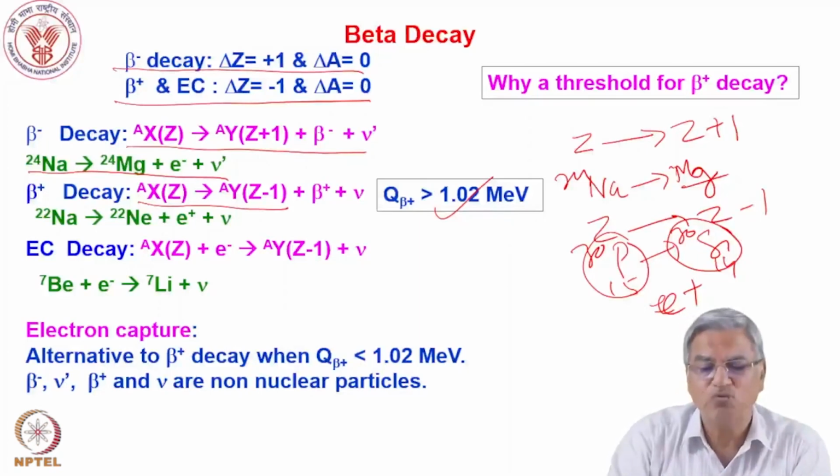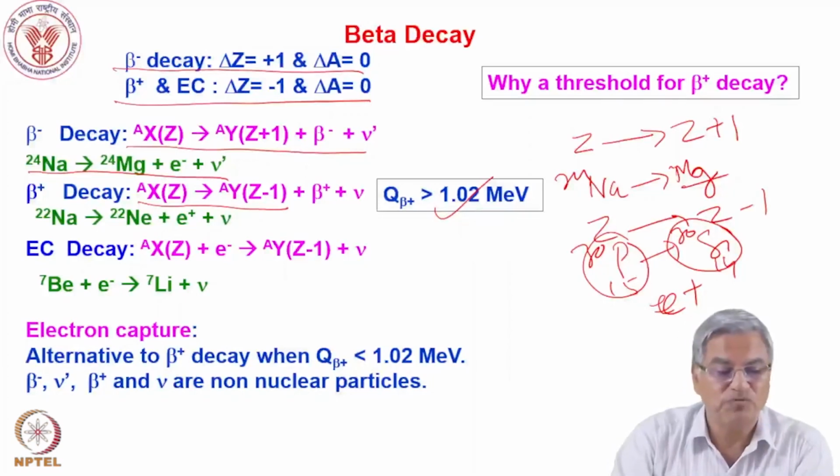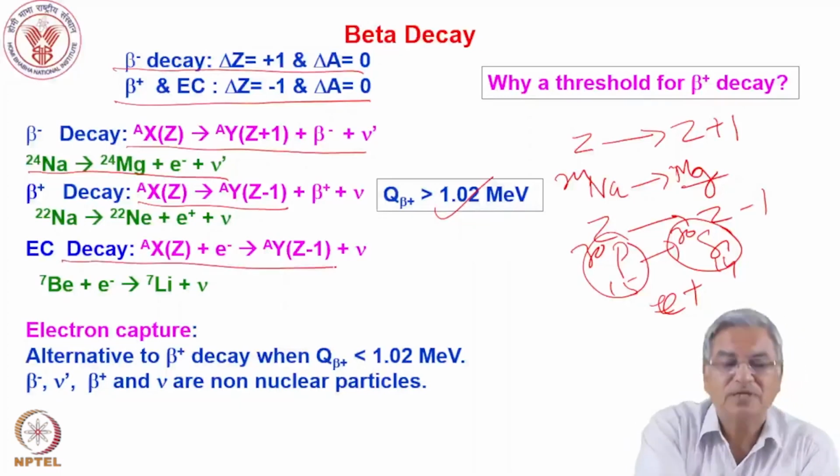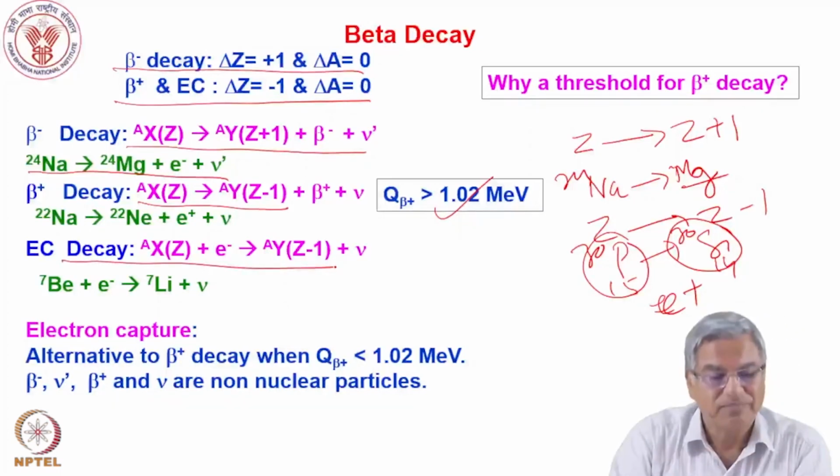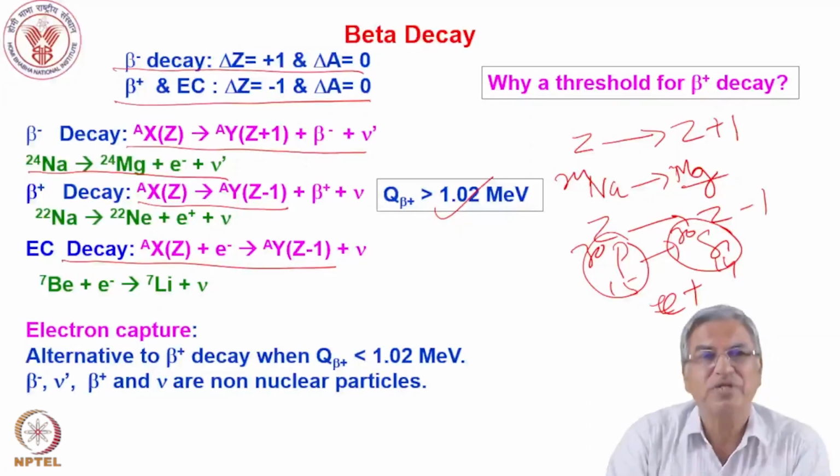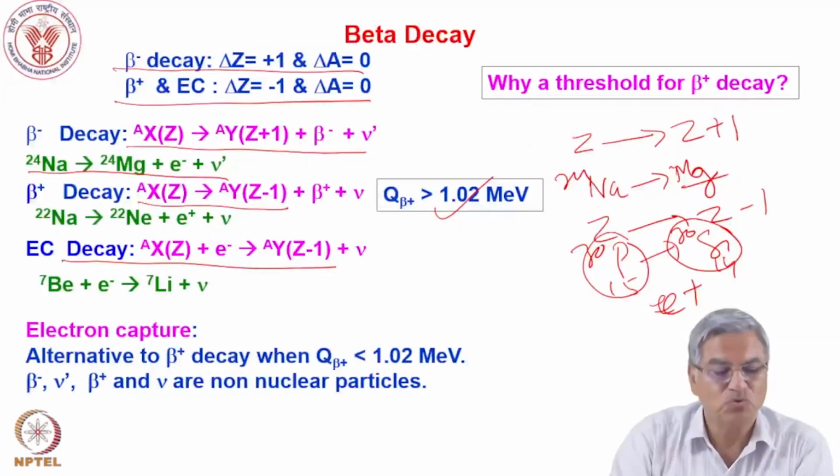So whenever the Q beta value is more than 1.02 MeV, only then is beta plus decay possible. Otherwise, beta plus decay is not possible. In such a situation, when Q beta is less than 1.02 MeV, electron capture is the mode of decay. Electron capture competes with beta plus decay.